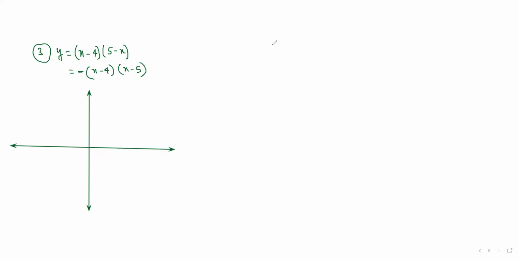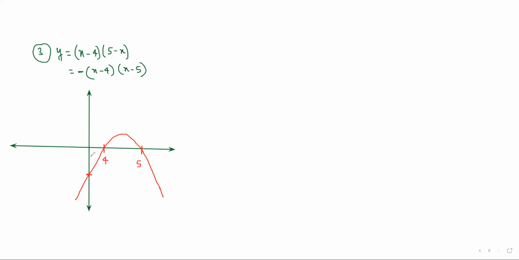So the roots are 4 and 5. Clear? I think this is 4, this is 5. 0 comma c, meaning c is what?